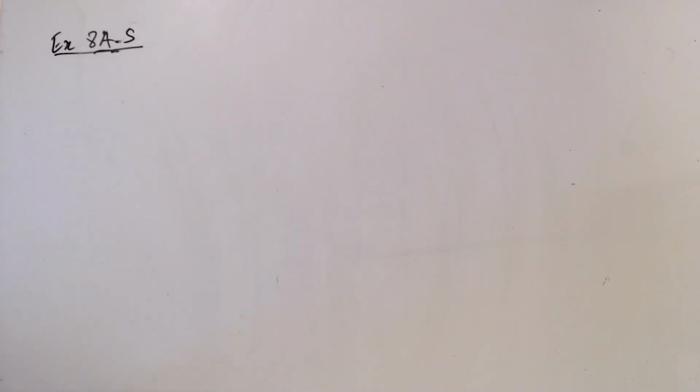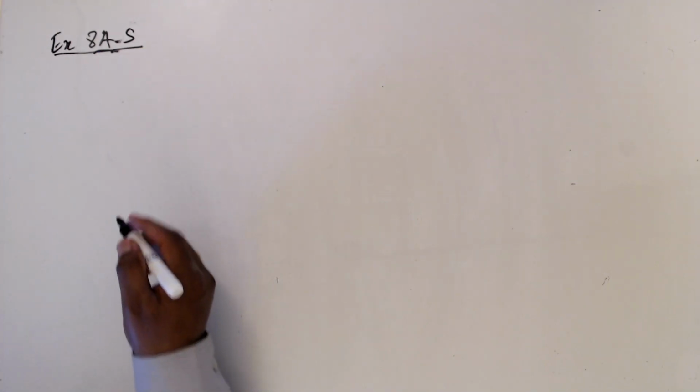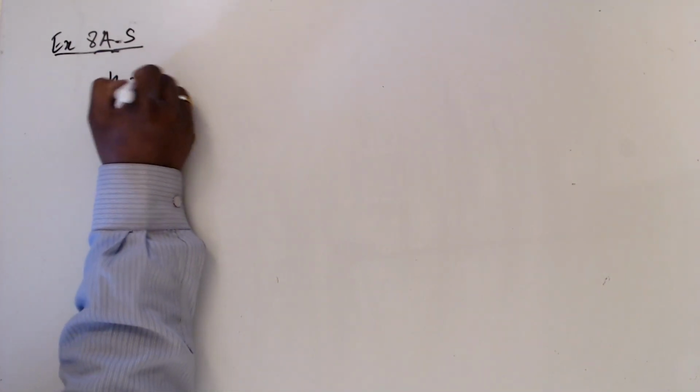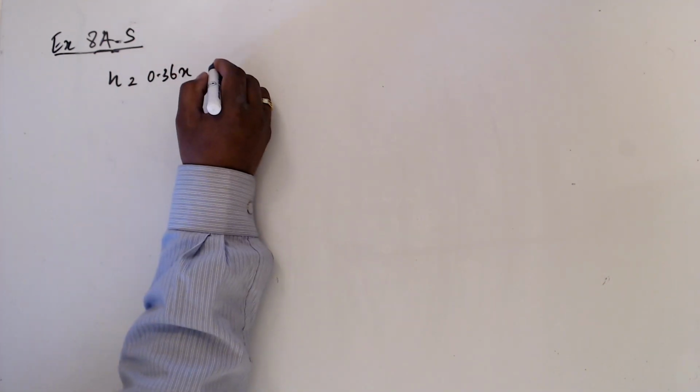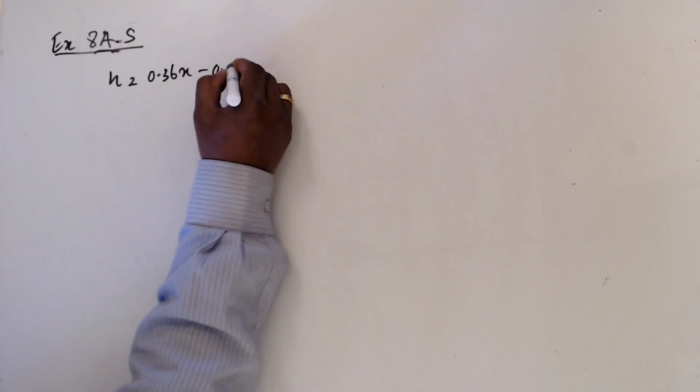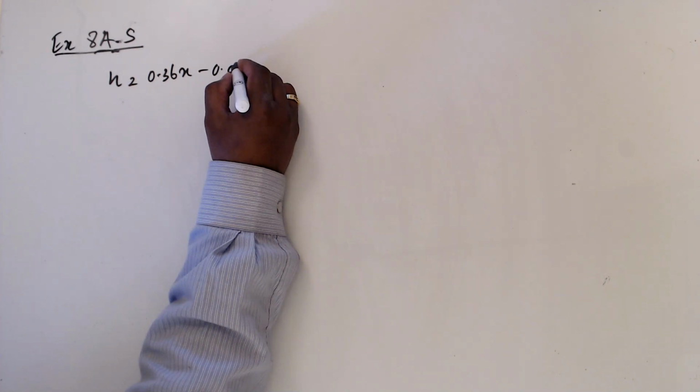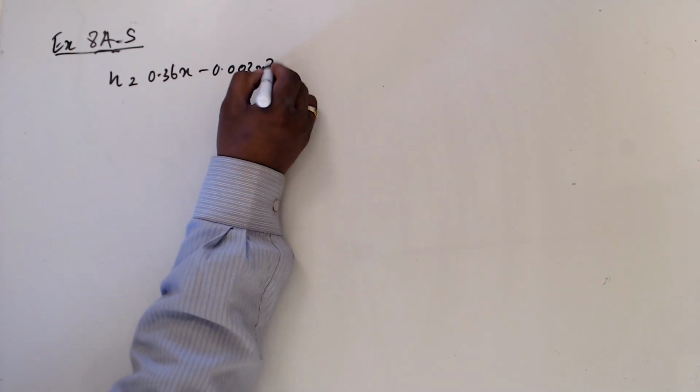Question number 5. The model for the motion of the golf ball given in question 1 is only valid when h is positive. Yes, that's true. The model given in number 5 is this one, 0.36x minus 0.003x square.